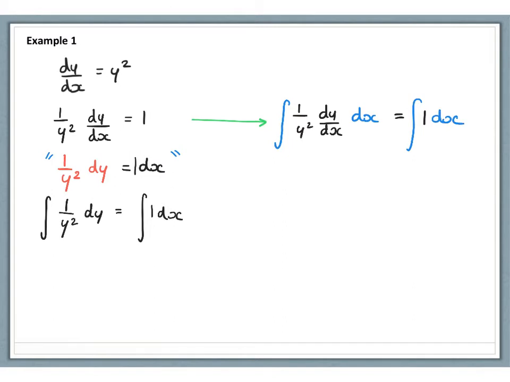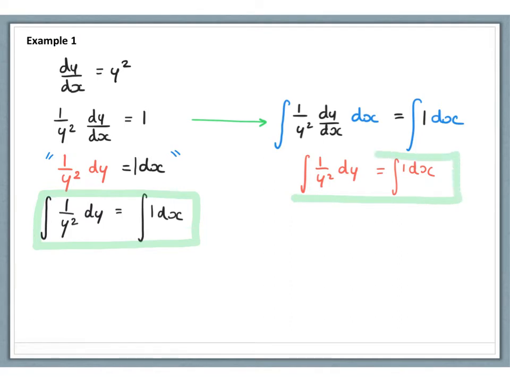It's a little bit more complex, but it is the actual process. So of course the left-hand side simplifies to the integral of 1 over y squared dy, and the right-hand side is the integral of 1 dx. So we end up at the same point we got to here, but our notation is slightly more complex.